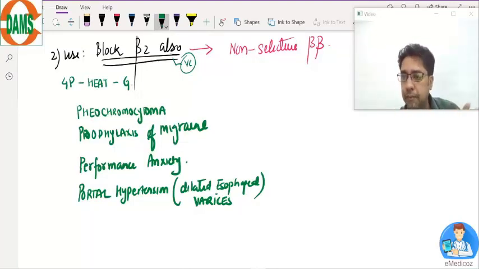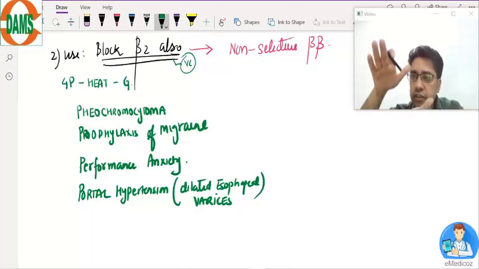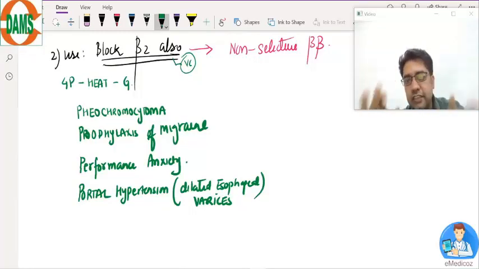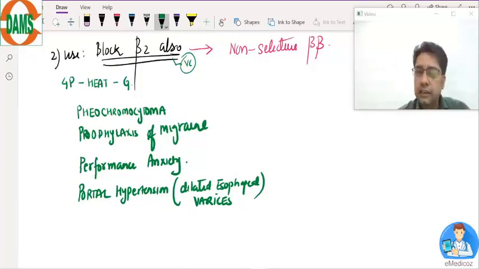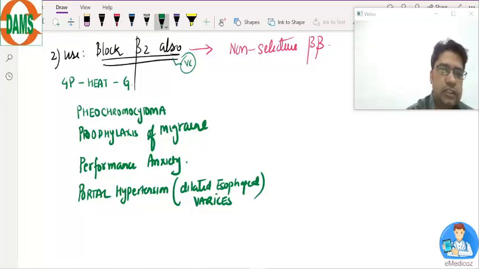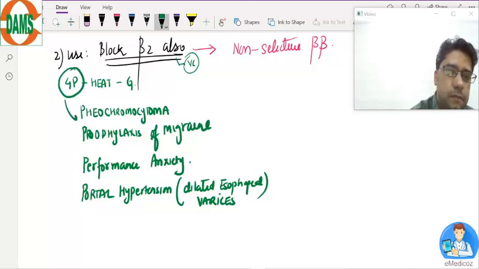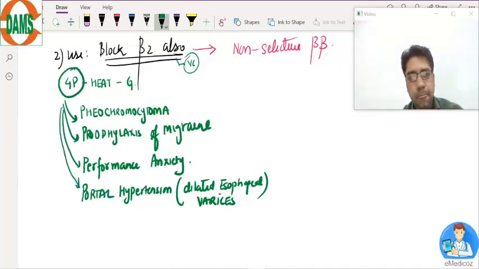If you give beta blocker, beta 2 will cause vasoconstriction and the vessels will collapse. Okay. So this is 4P: pheochromocytoma, prophylaxis of migraine, performance anxiety, portal hypertension.